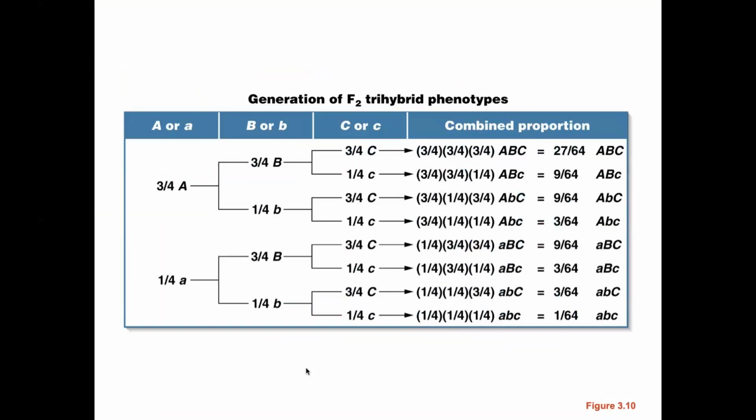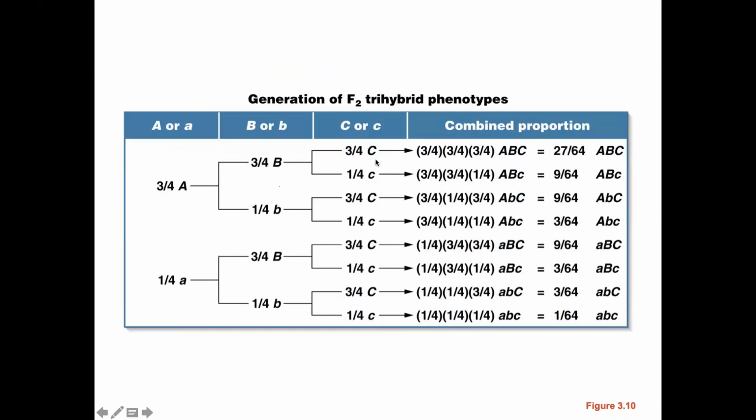For the A trait, 3/4 of the F2 progeny would be dominant for A, and 1/4 would be recessive. What about if we just analyze the B trait? Again, we'd expect a 3-to-1 segregation ratio for the B trait. And if we concentrated exclusively on the C trait, we'd expect the same thing.